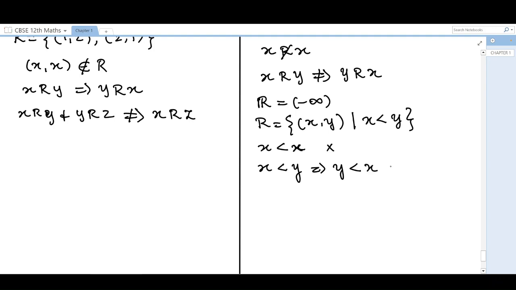So, this is also not possible. Therefore, this relation is not symmetric. But when you consider three elements x, y, z such that x is less than y and y is less than z, then we can say x is less than z. Thus, the relation what we have considered is transitive. So, we have given example for a relation which is neither reflexive nor symmetric, but it is transitive.